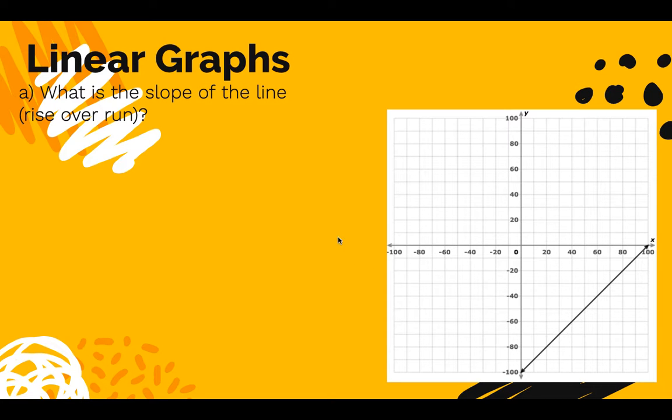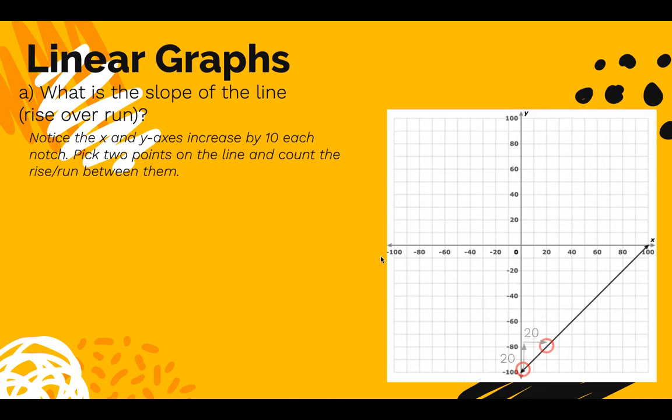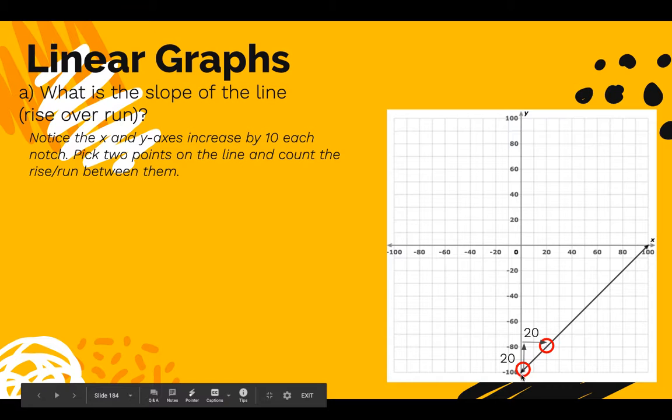So, for example, if you choose these 2 points, so the y-intercept, which is at negative 100, and then this point right here, which crosses through at negative 80 for y and 20 for x, so the point (20, negative 80). If you count the change in y and then the change in x, you will notice that to go from negative 100 to negative 80, that is an increase, a vertical rise of 20 units.